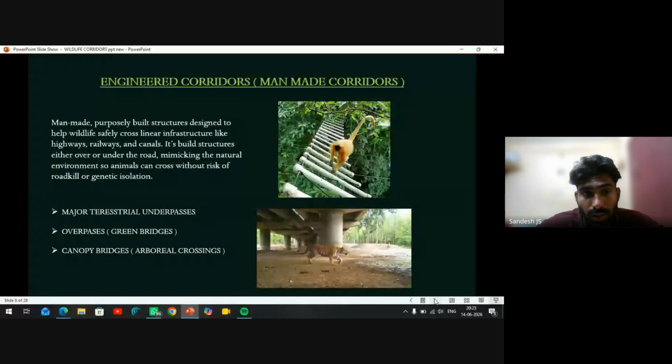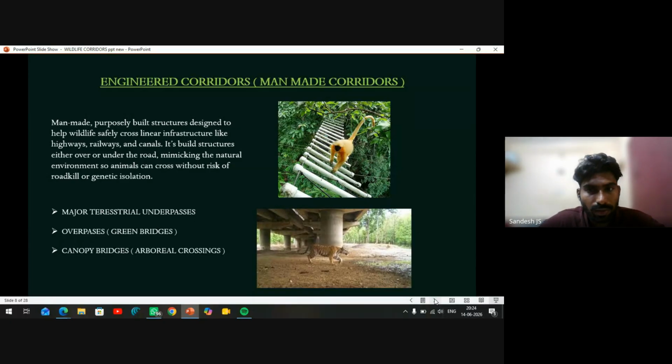Mimicking the natural environment is important because if we just construct any underpass or overpass, animals will not go, because they need vegetation or a natural setting. They must understand that this is like a forest, so they can move safely.